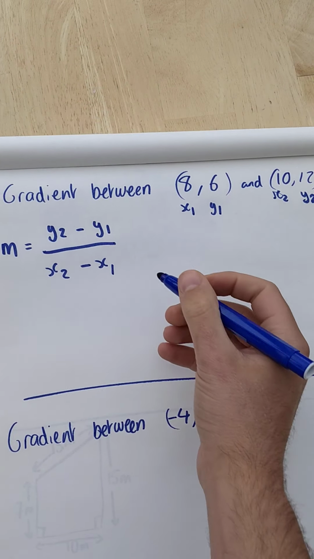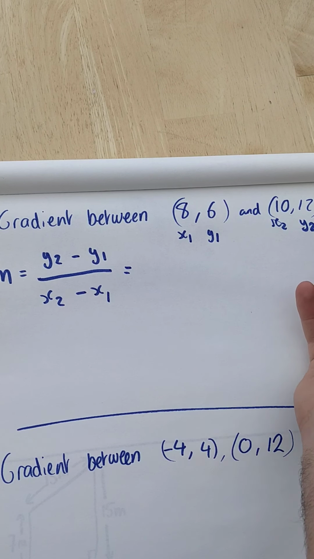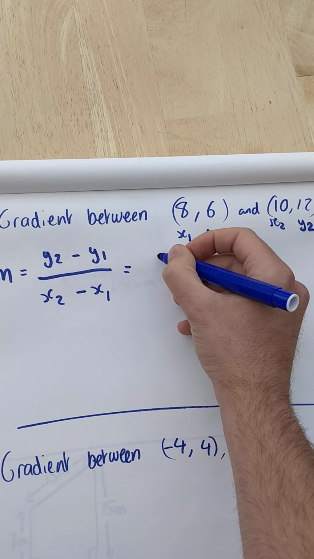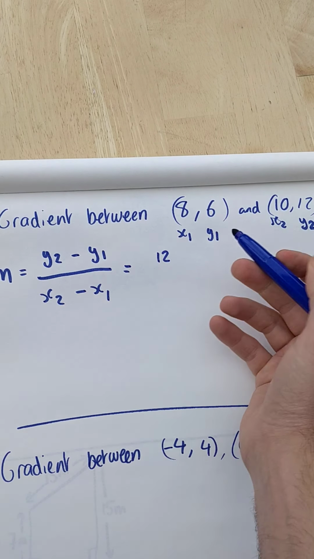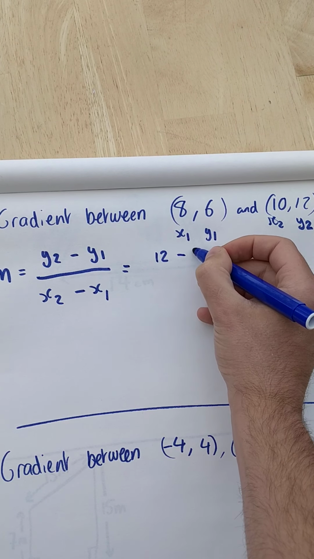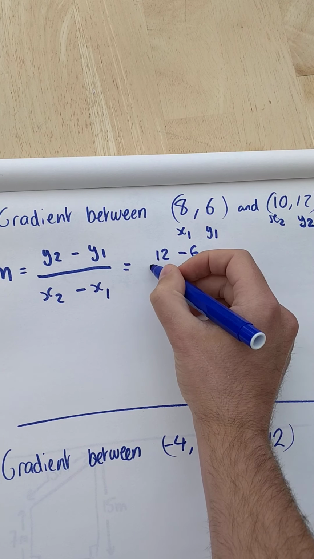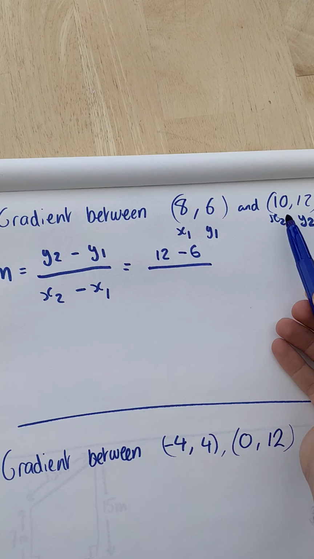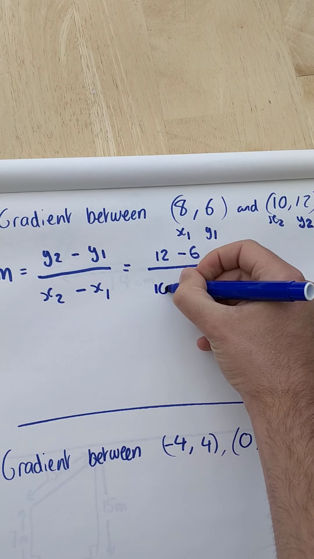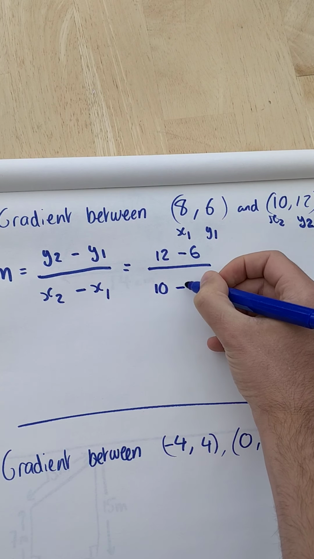Okay, so for that you fill it in. So we've got 12, so y2, take away y1, take away 6, and that is over x2, which is 10, take away 8.